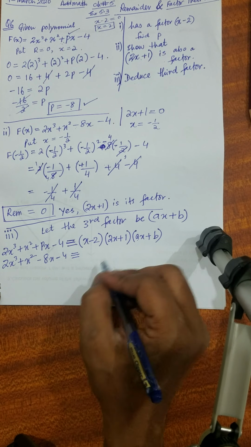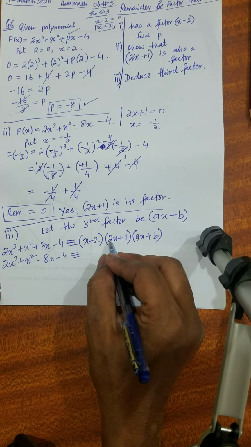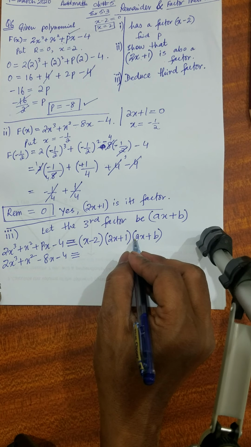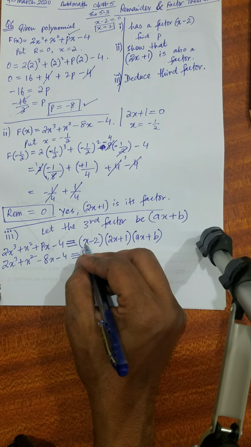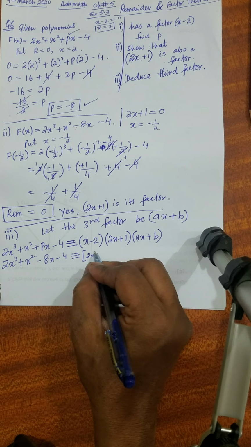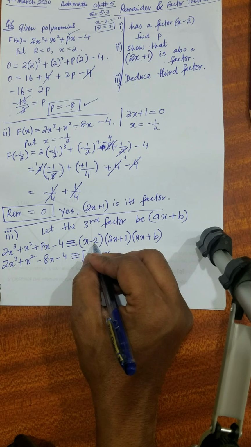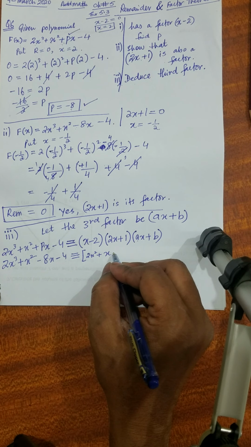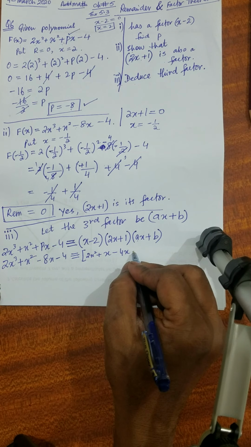Now we have three brackets here. First we're going to multiply the two brackets and then we'll multiply with the third bracket. So when we multiply the two brackets, see what we get. x multiplied by 2x is 2x square. x multiplied by 1 is x. -2 multiplied by 2x is -4x, and -2 into 1 is -2.